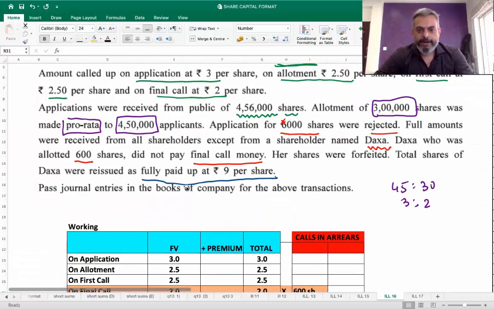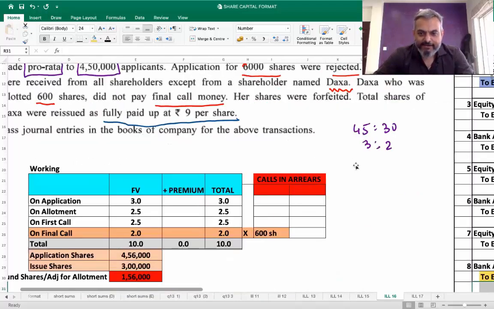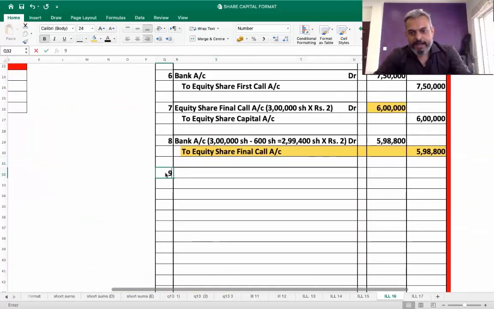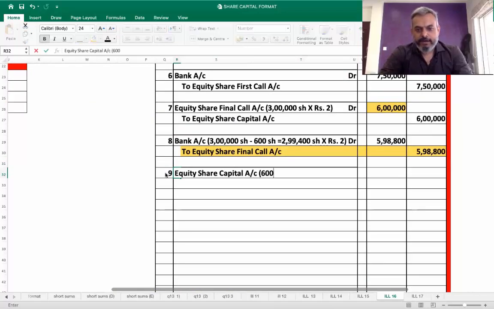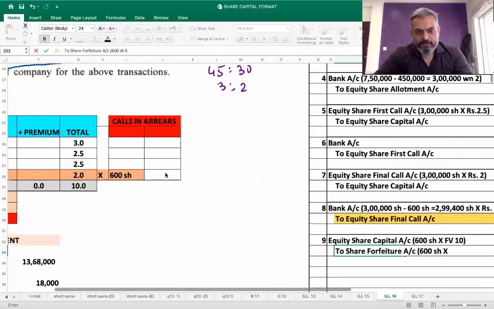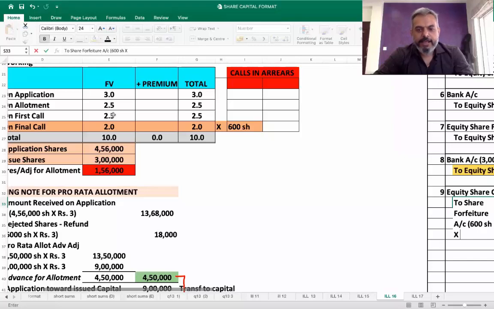Daksha, who was allotted 600 shares, did not pay final call money. Her shares were forfeited. So we have to cancel her shares. So let's pass entry number 9. Equity share capital account, 600 shares into face value. So far fully paid up shares, so into face value 10, 6,000. No premium, so no problem. To share forfeiture account, 600 shares into how much she has paid so far, 3 rupees, 2.5 and 2.5.